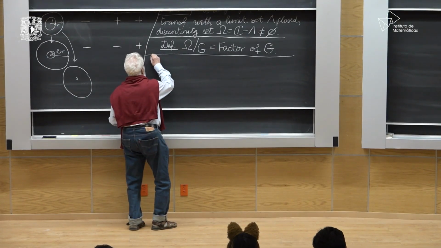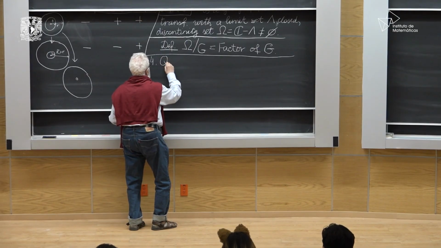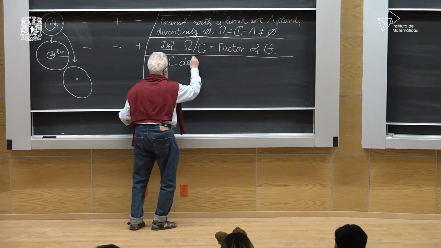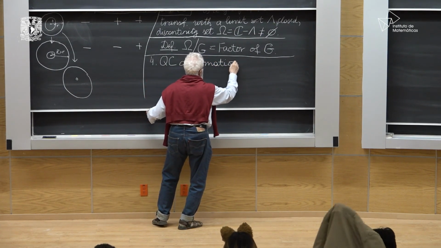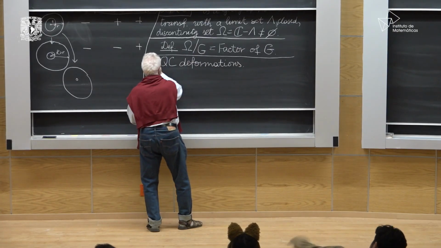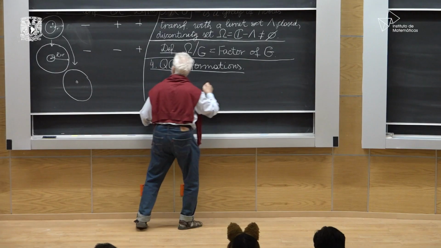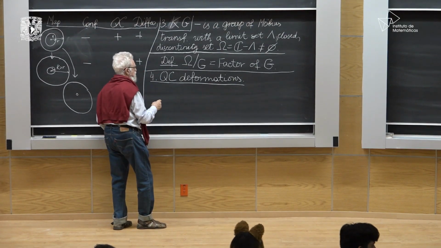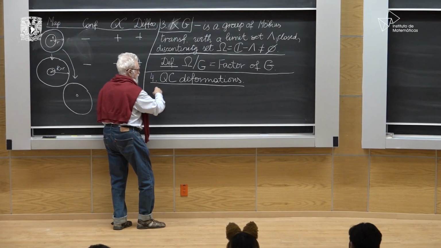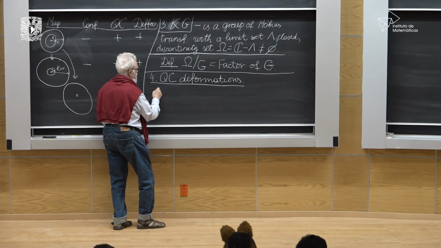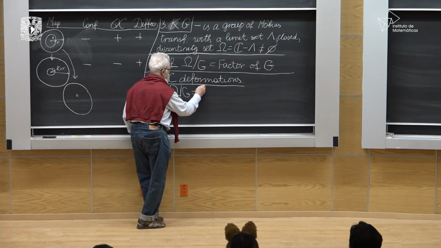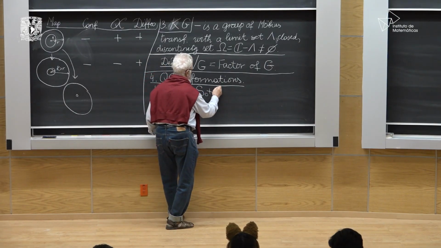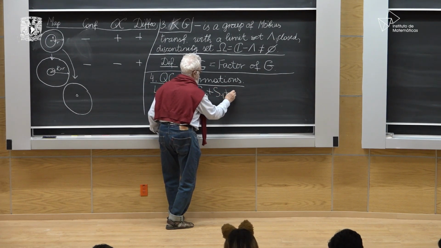I will repeat. I will write down what I have said in words. Suppose that G is a Kleinian group and its factor is S0 plus S1 plus and so on.